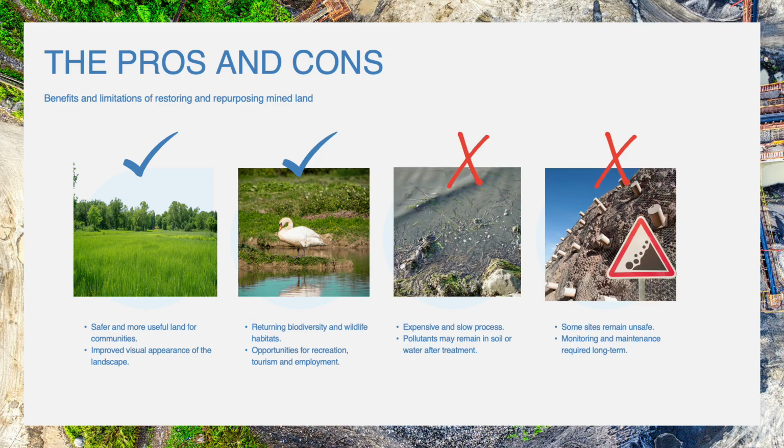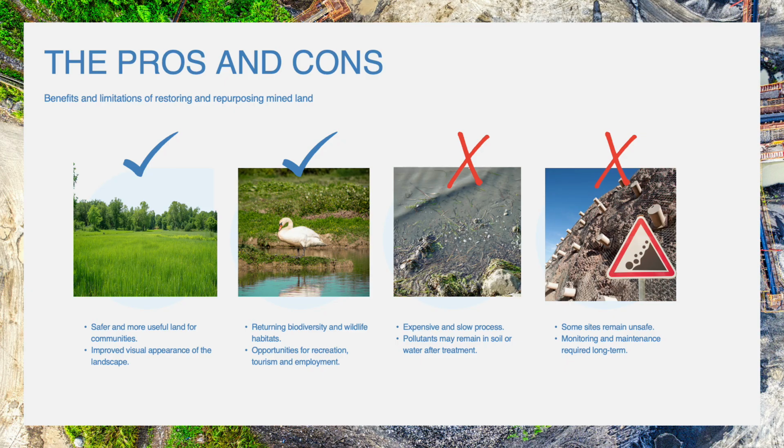What are limitations? Well, restoration will cost a huge amount of money because the land needs to be reshaped, the soil needs to be improved, the pollutants need to be treated, and the vegetation needs to be replanted. And natural recovery can take many, many years. A big issue could be that the pollutants are difficult to remove out of the area.